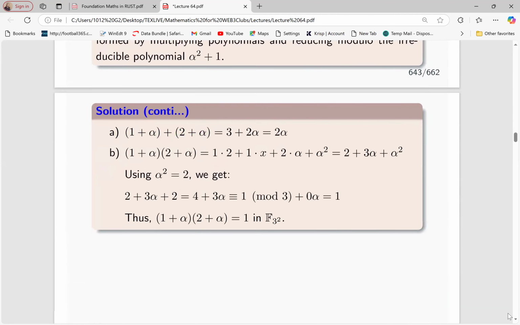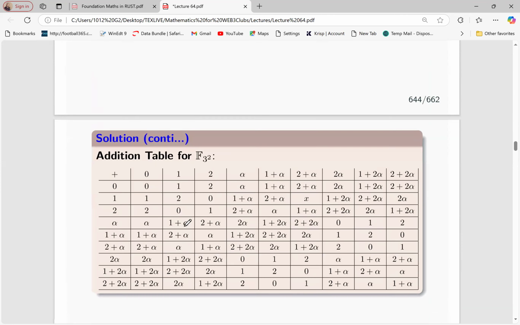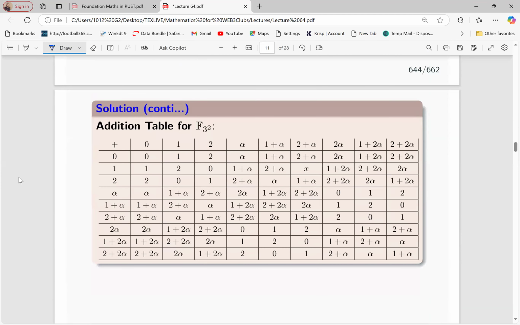Now let's go straight to the addition table. These are our elements. I've put them in this row and this column. We just want to add these elements and create an addition table. I'll do just 2 or 3 examples and then we proceed.